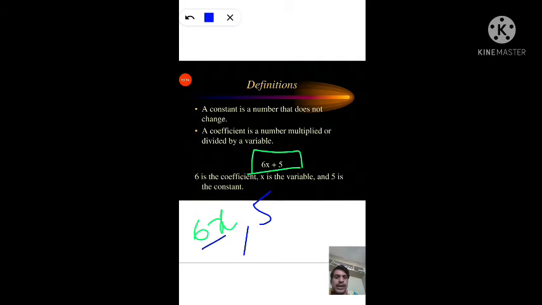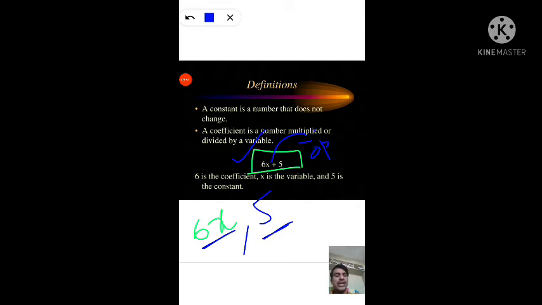Now these two terms are added with the operator plus, so that it is an expression.